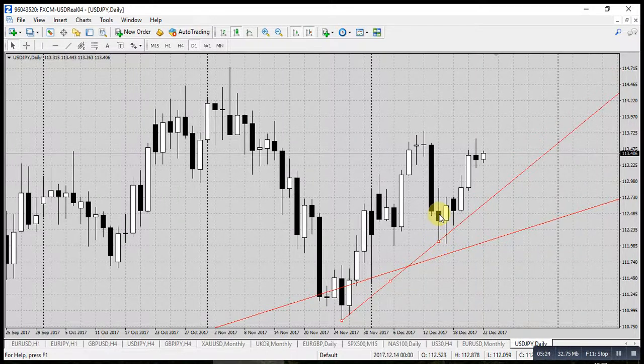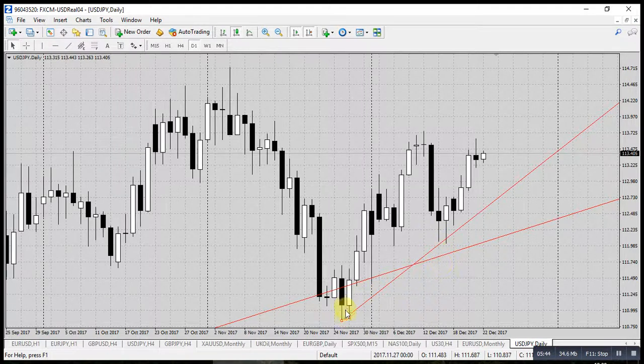Okay, so you see after this candle the trend is not broken yet. So even if we put it like this, I would say it would have been better.